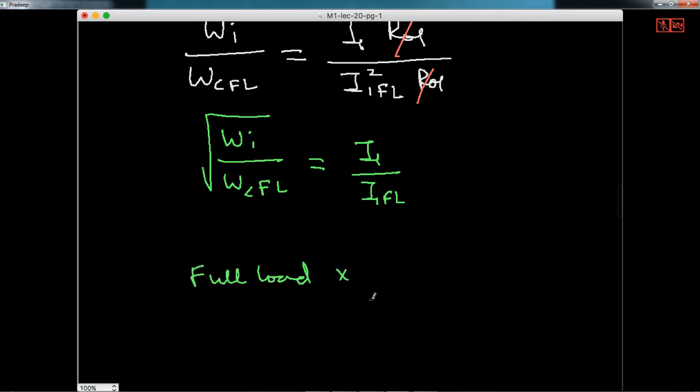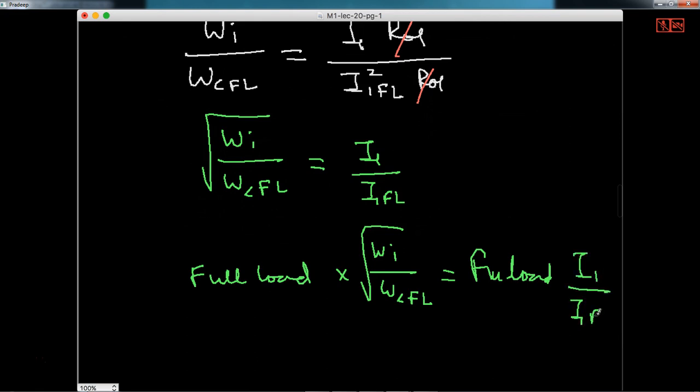Full load multiplied by square root of Wi by Wc, full load, measured in kVA. So I1 by I1 full load I'll get.